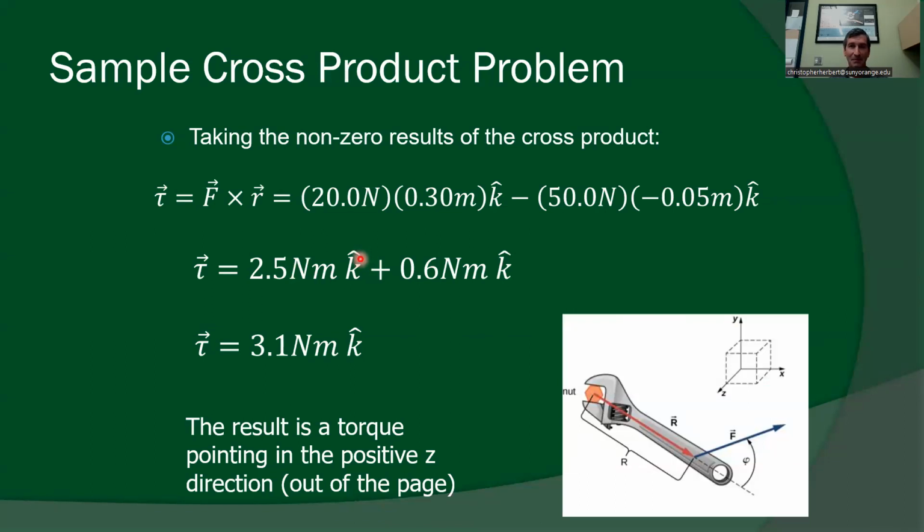So the net torque is in the positive K hat direction. That means the positive Z direction is coming out at you. And again, for this particular case, we are going in the counterclockwise direction. We are loosening up this bolt here. Okay, I didn't get this correct. This is 20 times 0.3, so 6 minus 2.5 is going to give me 3.5. Wow, a little bit of a mess going on here.